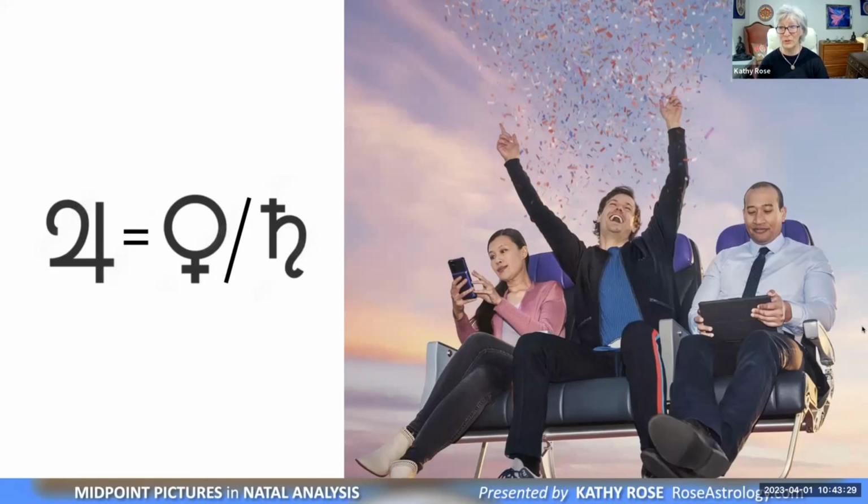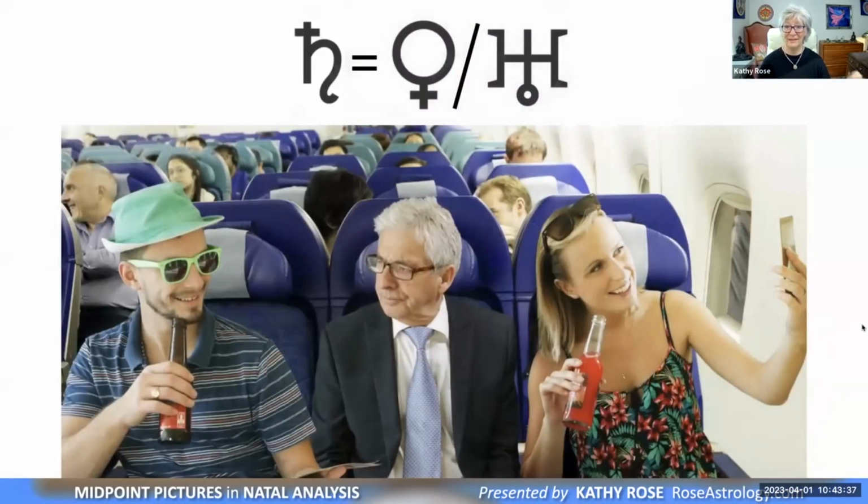We don't need to interpret it right now, but we're trying to convert astrological symbolism into pictures. Here's another example. The man in the middle, again dressed in business attire. This time, he doesn't have a smile on his face. He looks a little annoyed. Could be Saturn.